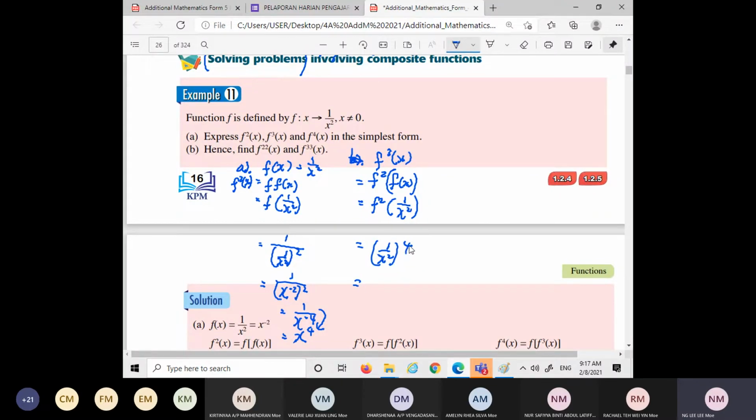Bring the power 4 in: 1 to the power 4 stays 1, and x to the power 2 times 4 is x to the power 8. This is at the denominator with a positive power, so you can write it in the numerator as a negative. So this is f to the power 3: you get x to the power negative 8. I continue. Now how about f to the power 4?